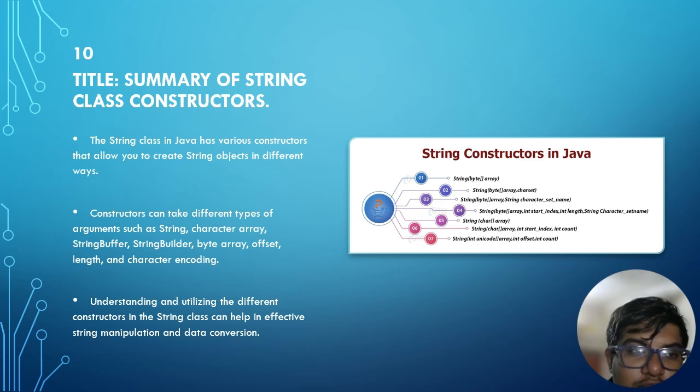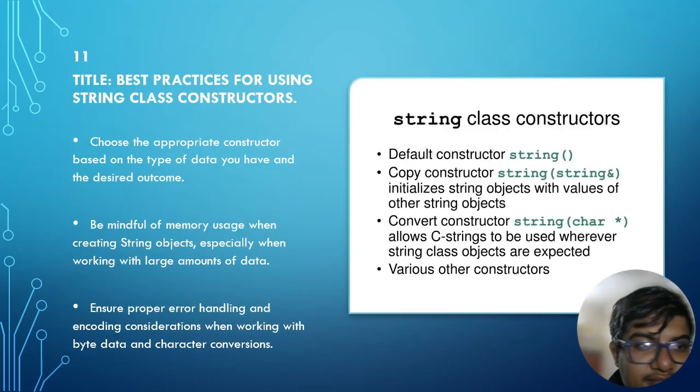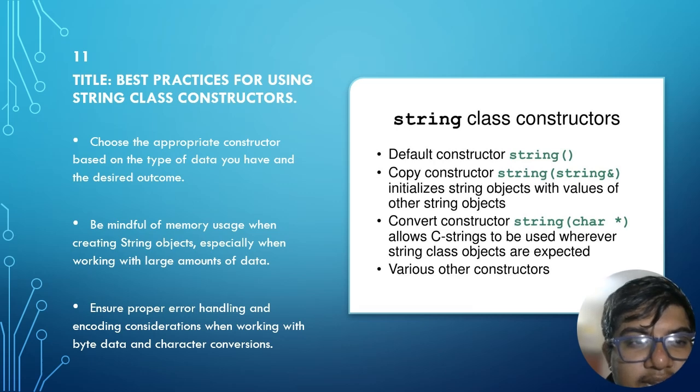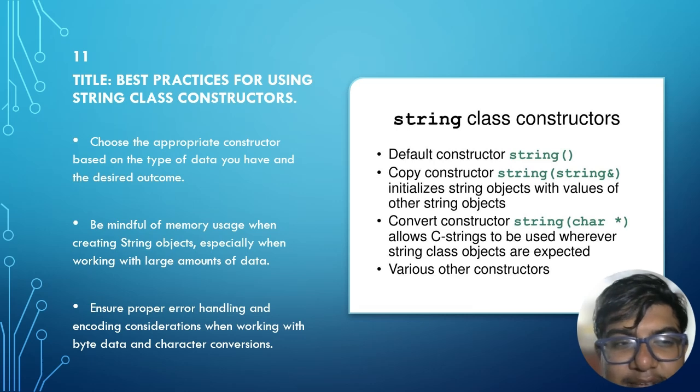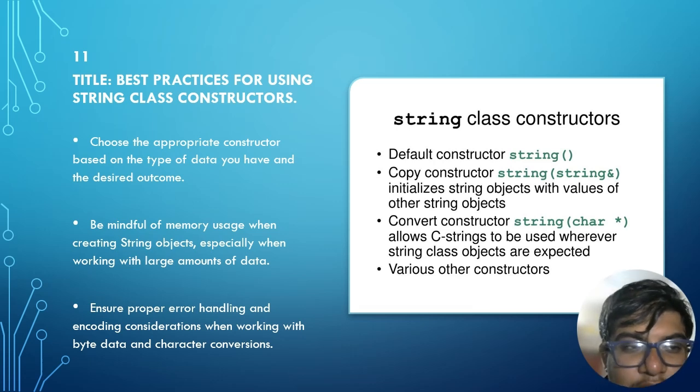Let's know some good practices, such as using the copy constructor. Many people I have seen sit and create a new one, while you can use the copy constructor. Also, it is good to choose an appropriate constructor based on the type of data, which makes it easier to write the program. You should also be mindful of memory.